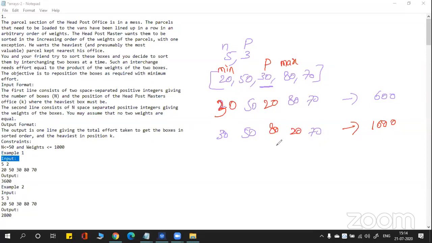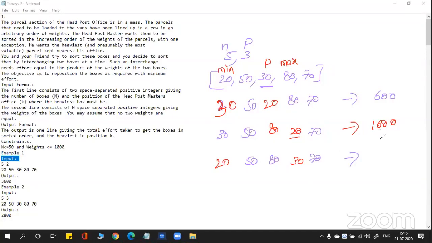Next, are these in sorted order? No. So again replace this element with this element. Next, here 20 should be there, here 30 should be there, and all the values should be the same: 50, 80, 70.